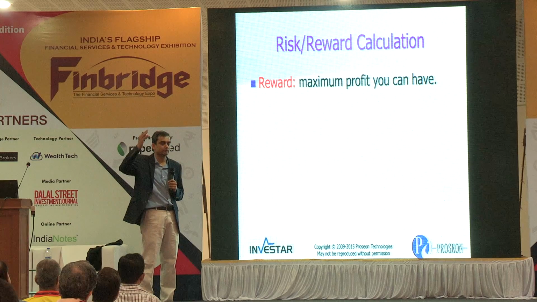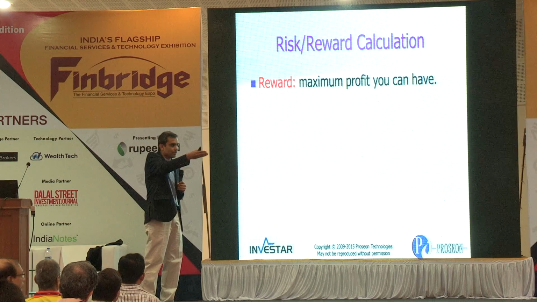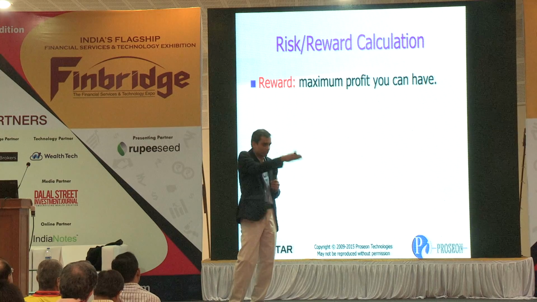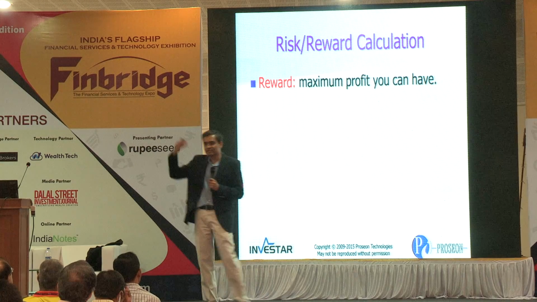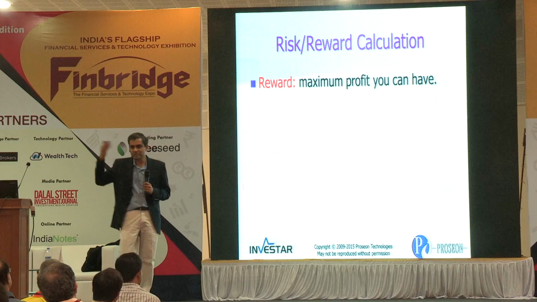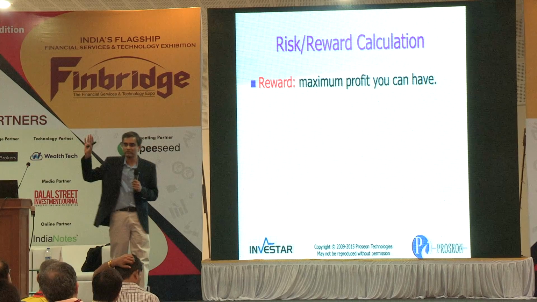Anybody? Any guesses? Exactly, so something similar. What you said is if you're using pivot points, your target is the next resistance, because that is where you expect the stock to at least pause before doing its next move. Am I right? Am I making sense?